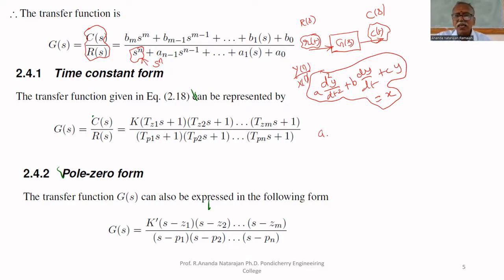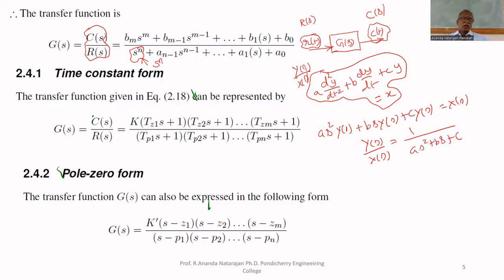You can notice that a s square y of s plus b s y of s plus c y of s equal to x of s. Therefore, the output upon input y of s upon x of s equal to 1 upon a s square plus b s plus c. So, this degree indicates that the system is second order. So, this starts with the s power n. The degree is n. Therefore, nth order system.